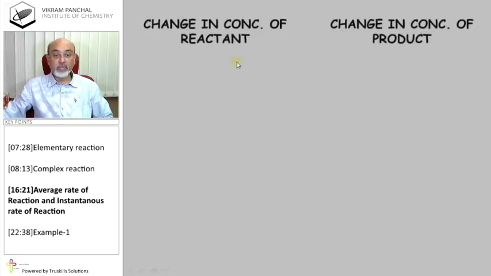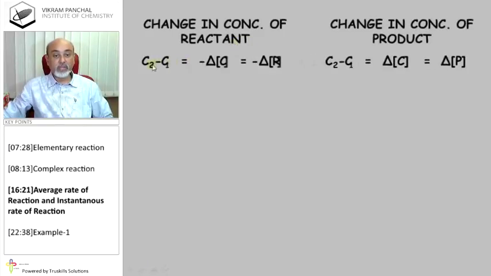So change in concentration of reactant would be C2 minus C1, that is minus delta R. Here it is negative because concentration decreases. Change in concentration of product, that is C2 minus C1, that is delta P. Why? Because C2 is greater than C1, or concentration increases.